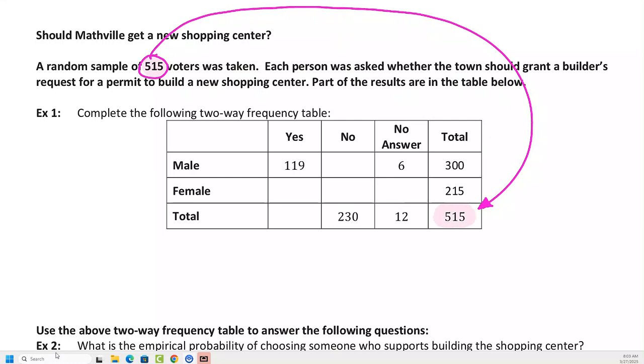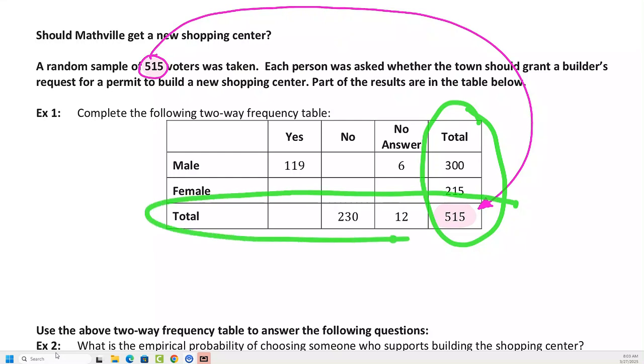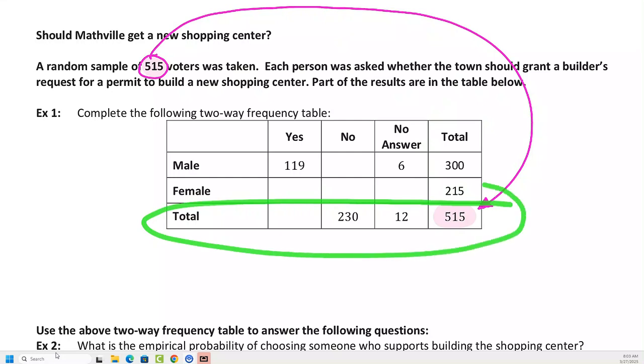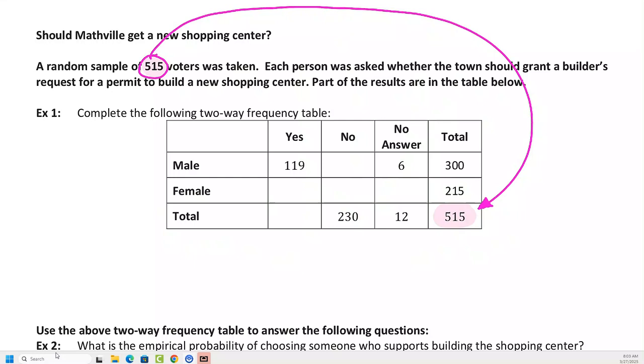You can see that it's in the total column, and it's also in the total row. The far right column is always totals for the rows, and the bottom row is always the total for the columns.